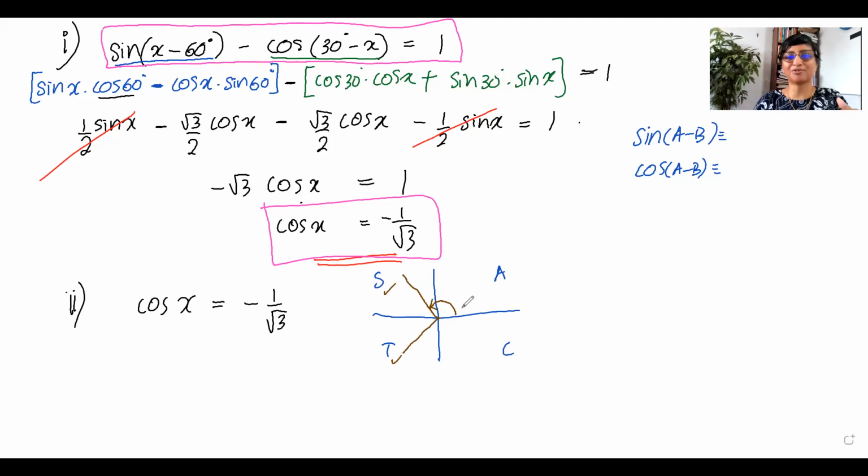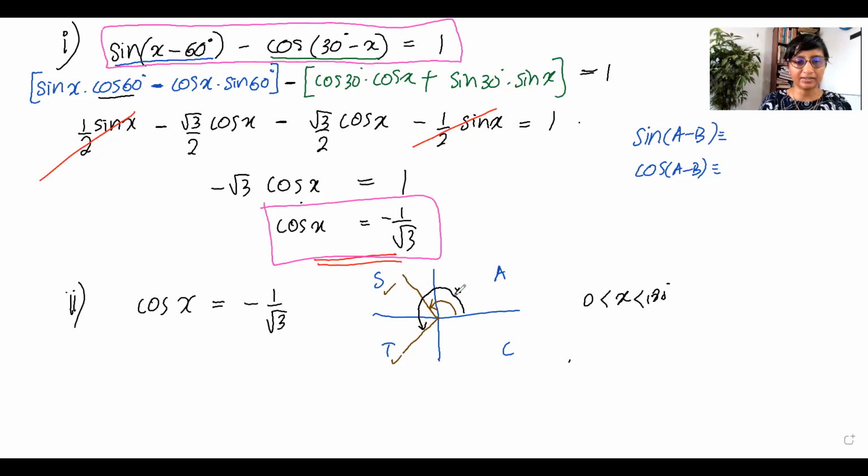Do I have to go to the third quadrant? No, because they want me to give answers only in the range 0 to 180. How nice of them, isn't it? If they had given me a full round, I would have to search for a second solution in the third quadrant, but we don't need that. We don't need the second one.